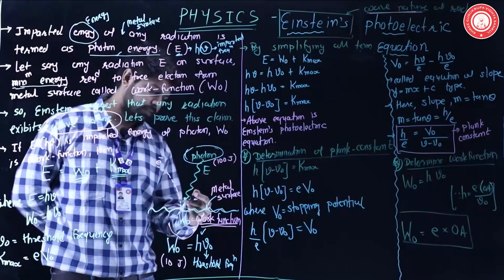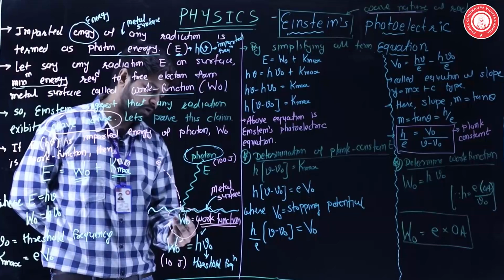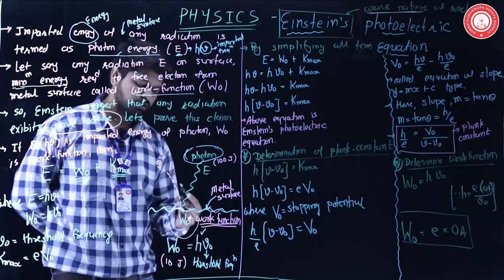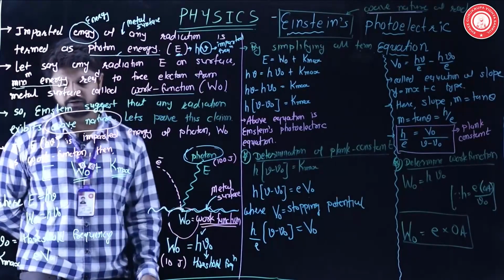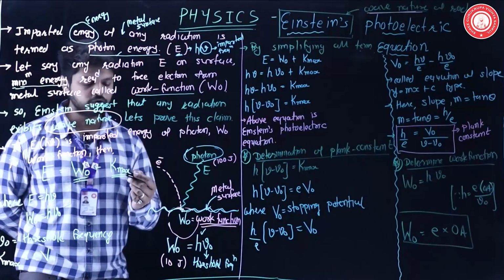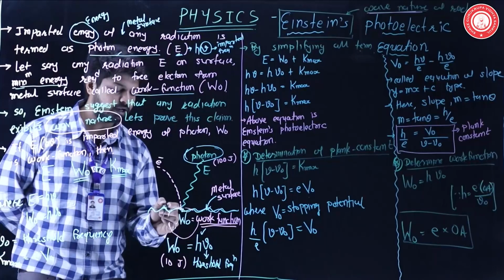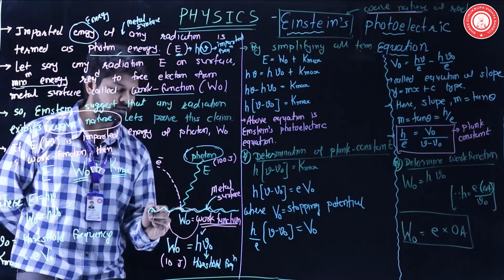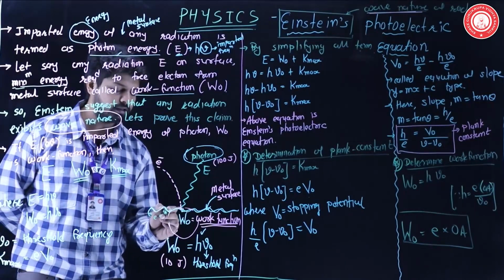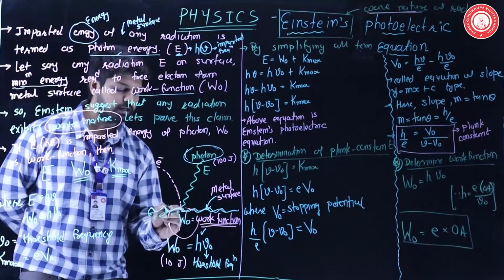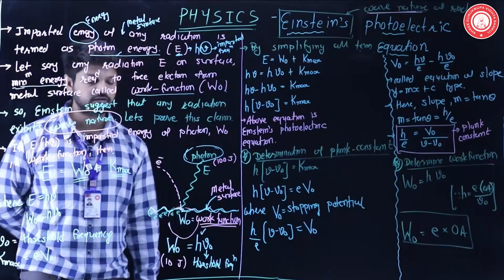This will be my first conversion. My second conversion would be Kmax. Let's suppose all the electrons lie on this metal surface.